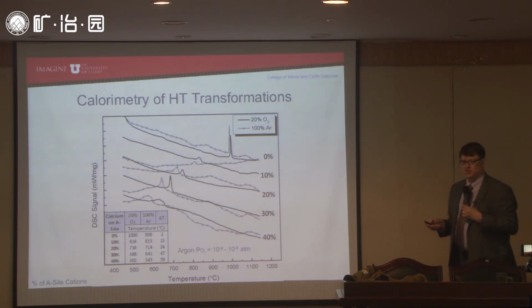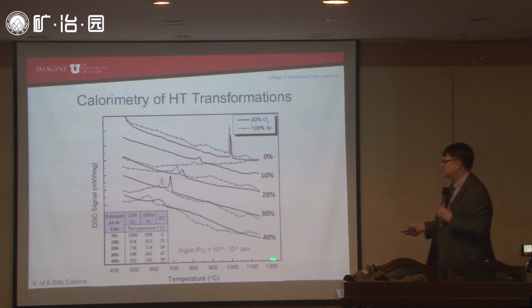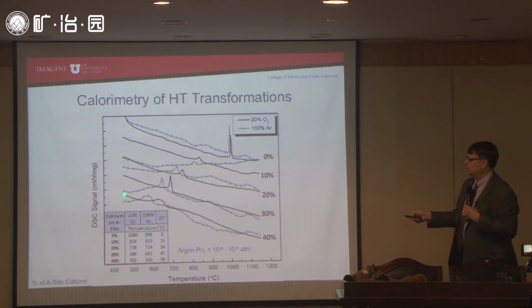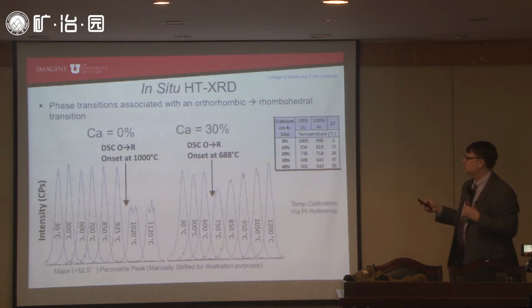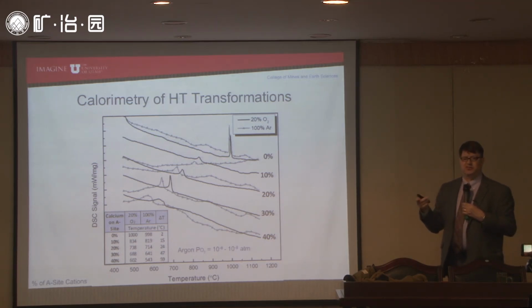So this is calorimetry data, all right? And I'm showing you basically the heat that's generated, relatively speaking, versus temperature. So in other words, what we're doing is we're heating our specimen up and we're looking for phase transformations. So as I heat this material up, when I see a peak, that means that there's a phase transformation.